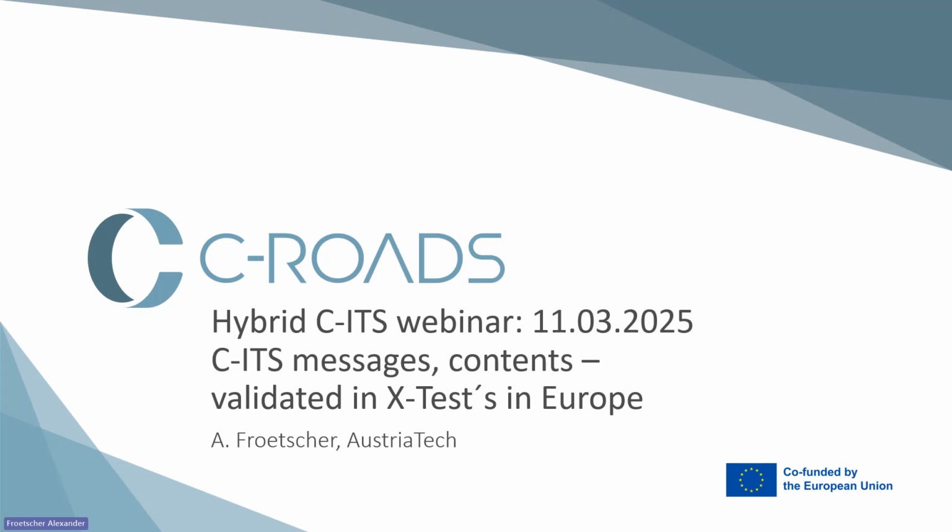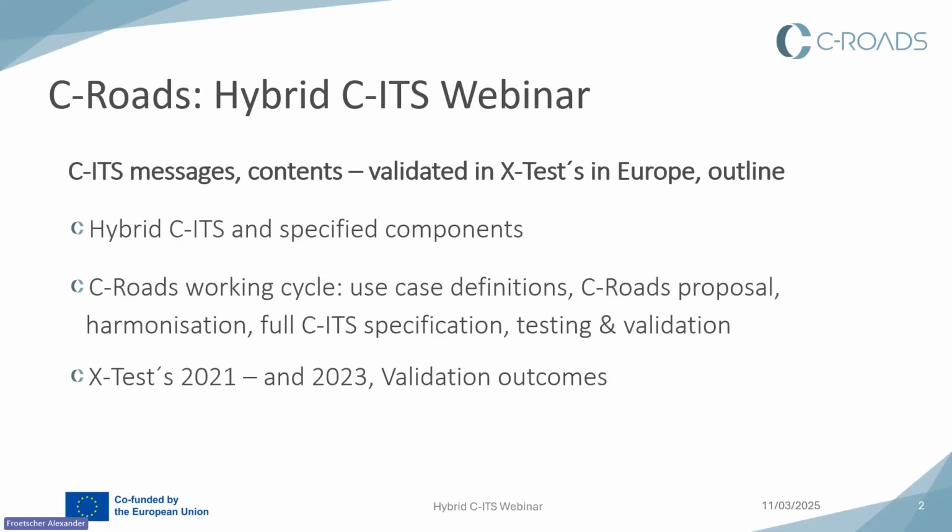I will now step through some of the elements of how we are defining messages in ZEROS, and how we are testing and validating these in cross tests in Europe. The short introduction of what I will show is some details of our hybrid C-ITS elements and what the specified components are. We have a ZEROS work cycle: how we define use cases, how we then test them internally in ZEROS, which is at the end of the day a big harmonization platform in Europe.